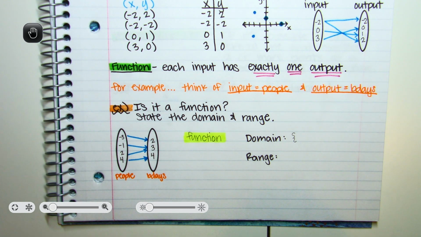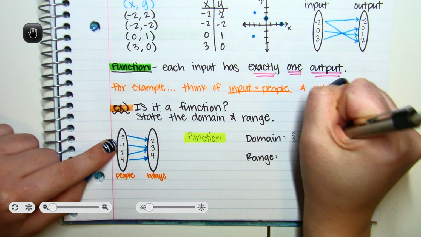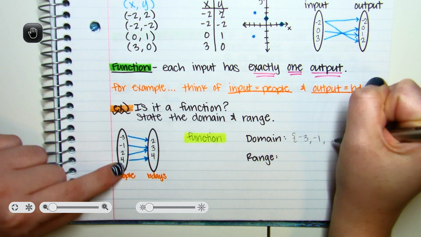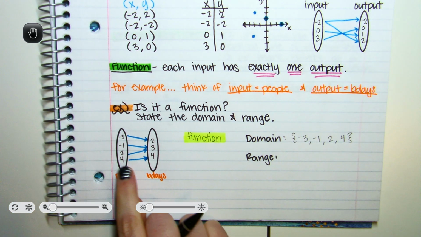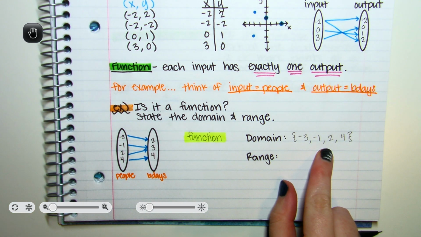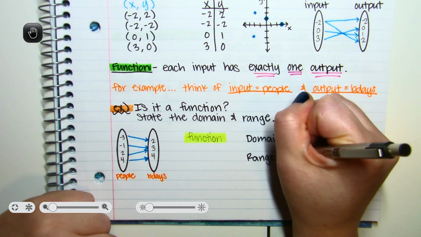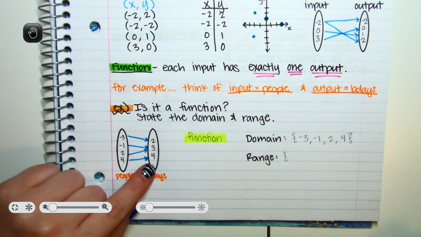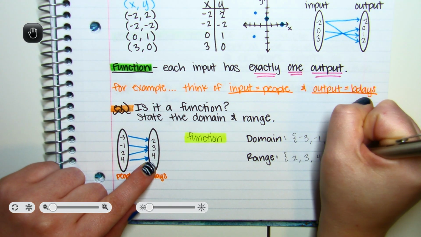Alrighty, so my domain, my x values, are -3, -1, 2, and 4. Notice, since they were already written in order from smallest to biggest, it makes it real easy to write them in order from smallest to biggest. And then my range is 2, 3, and 4.